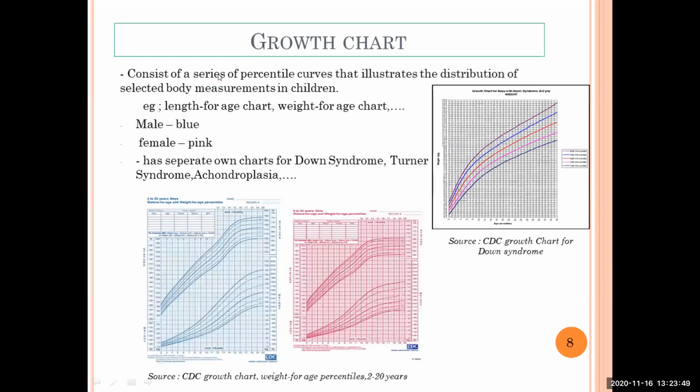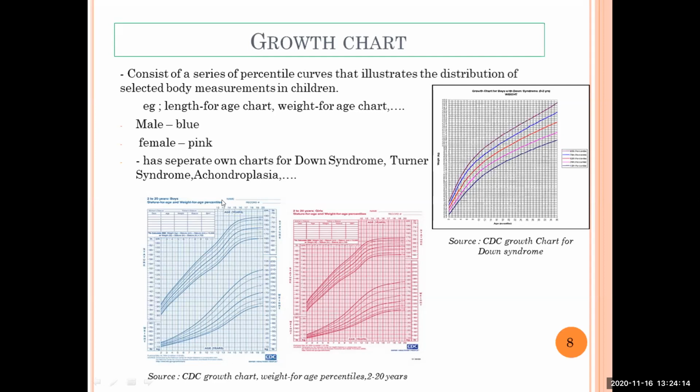Okay, this is a growth chart. It basically consists of a series of percentile curves that illustrate the distribution of selected body measurements in children. So if we want to track the length of a child on a growth chart, then we have the length for age chart. If you want to track the weight of a child, then we have the weight for age chart under growth chart.